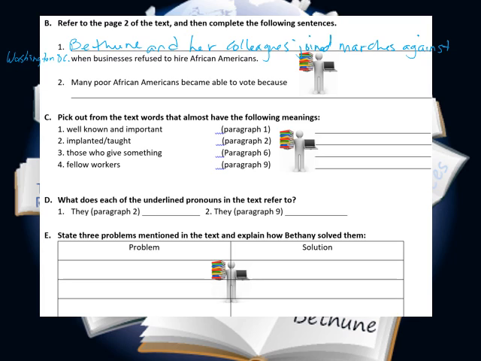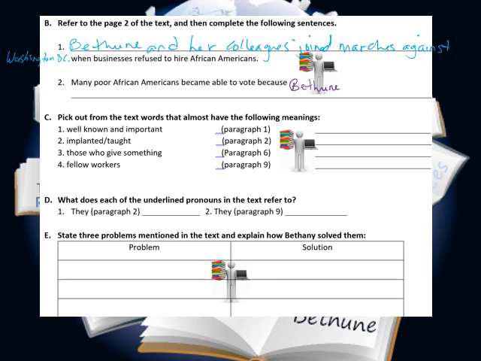Okay, many poor African Americans became able to vote because, yes, Joel? African American women's groups to concentrate on ending unfair laws such as the poll tax. Does anyone have a different answer? Yes? She focused on public health programs, ending the discrimination in the armed forces. So what did Bethune do in order to end this?